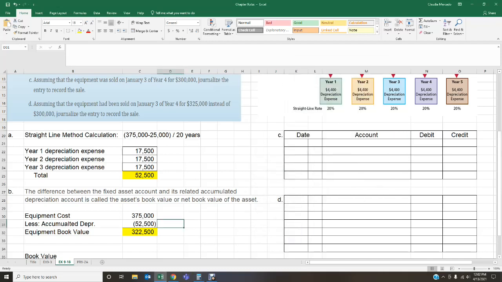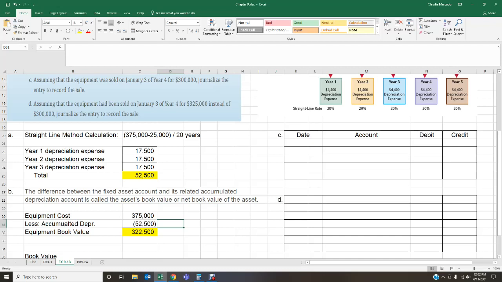Now, the difference between the fixed asset account and its related accumulated depreciation account is called the asset's book value or net book value of the asset. That is how much we are carrying this asset in our books for. It doesn't mean that this is how much it's valued at. It just means this is how much we have valued it at in our books.